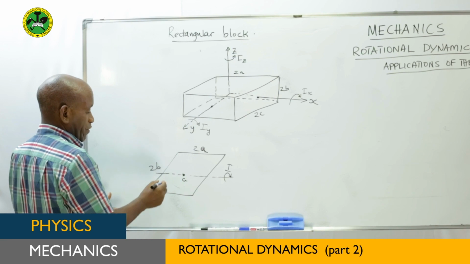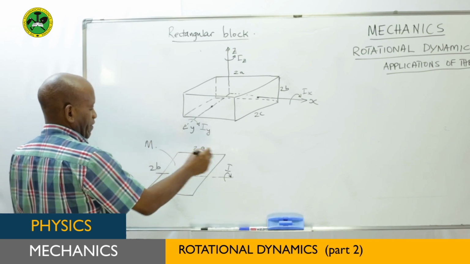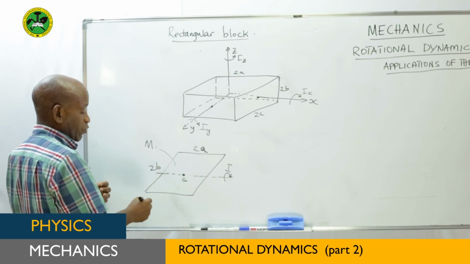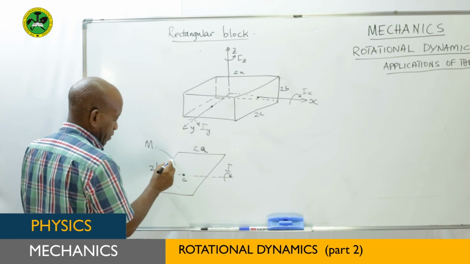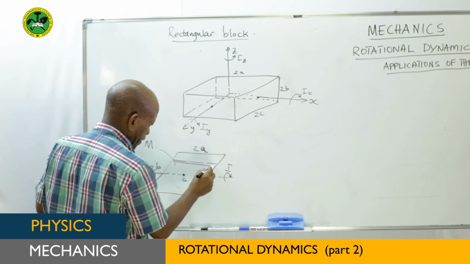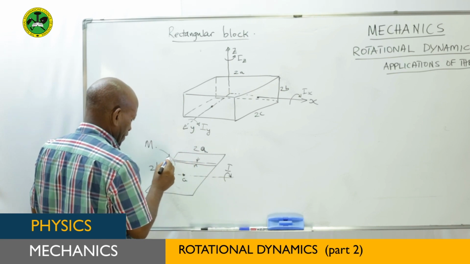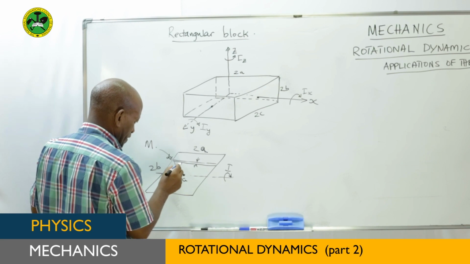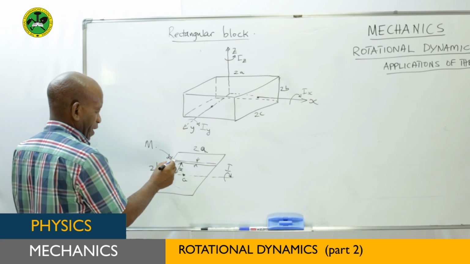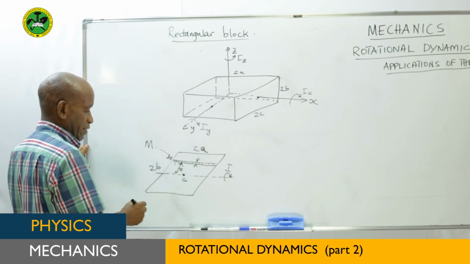What I'm going to do is, if this particular block has a mass m and its sides are 2a and 2b, we are just going to establish a very small element here of thickness dx located at a distance x from that particular axis. And you need to establish now the mass of this particular part.